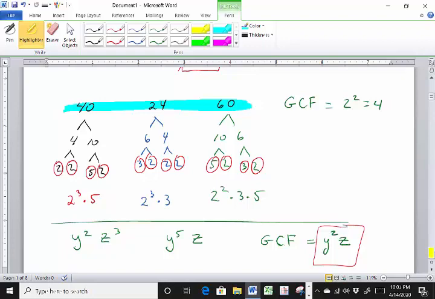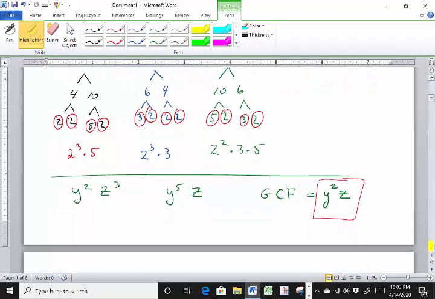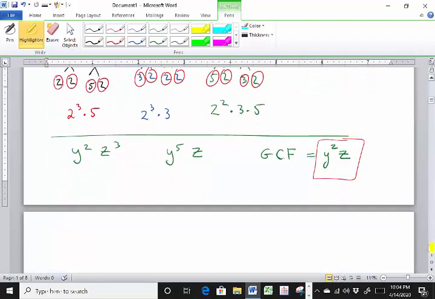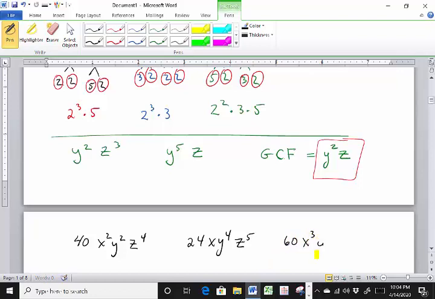So let's say I have 40x squared y squared z to the fourth, and then I have 24xy to the fourth z to the fifth, and then I have 60 x cubed y cubed z cubed.